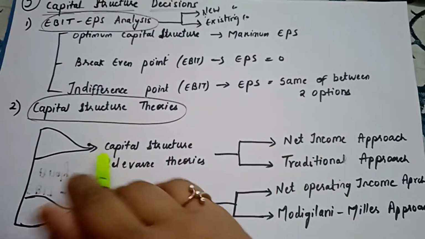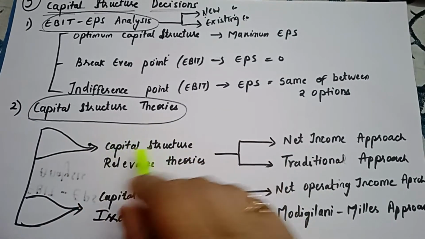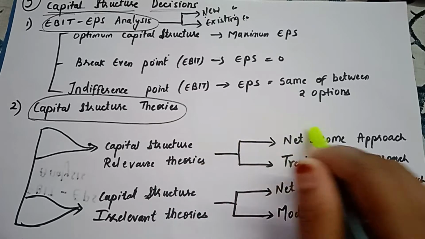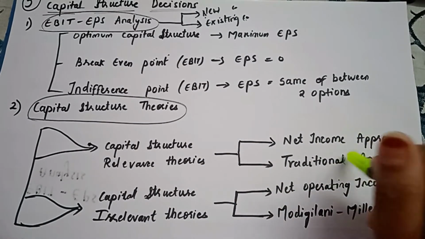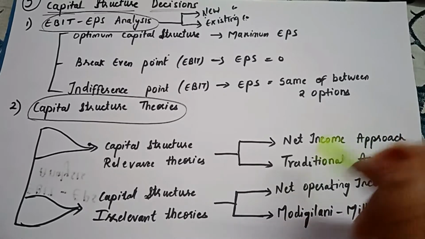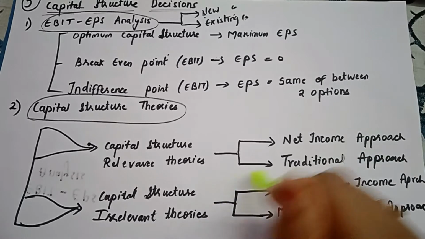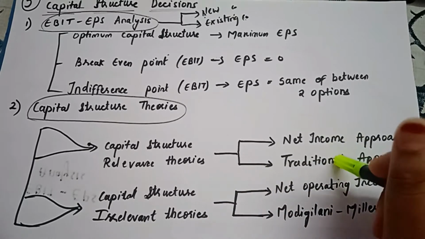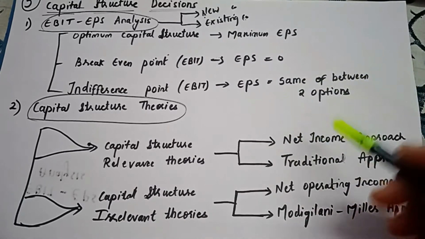That means it's a relevance theory. In capital structure relevance theory, there are two approaches: the net income approach and the traditional approach. We will deal with each topic in detail and do the problems in detail, then you'll be very perfect with this topic. Okay, it's very easy and will not take many classes.